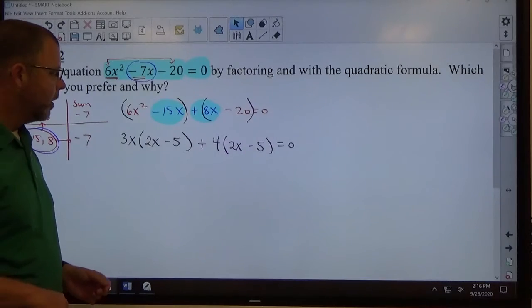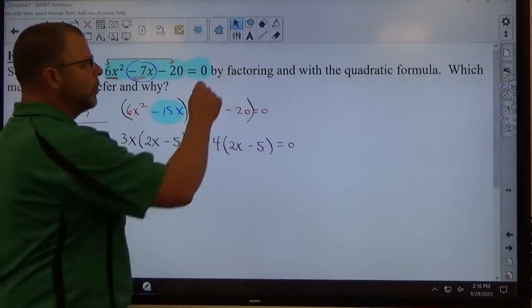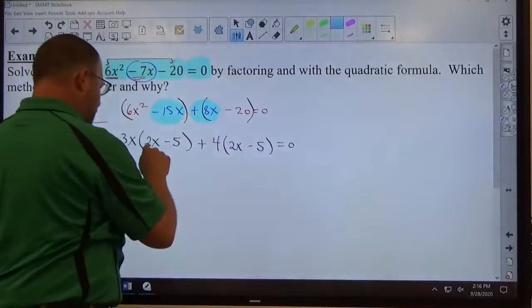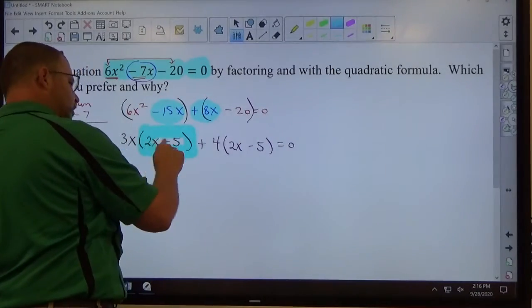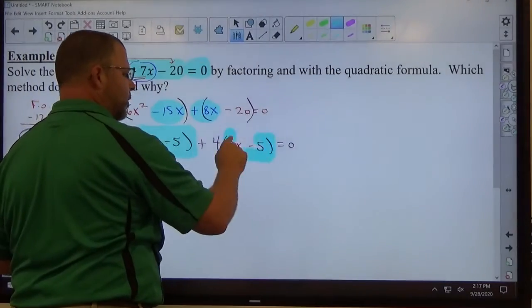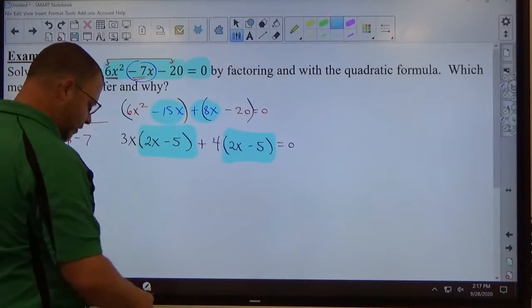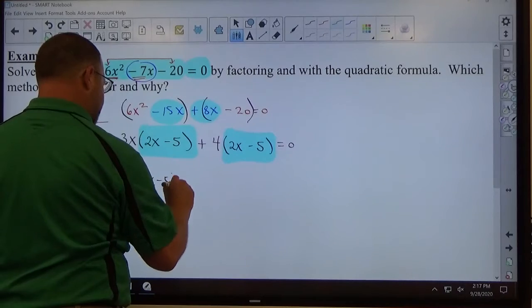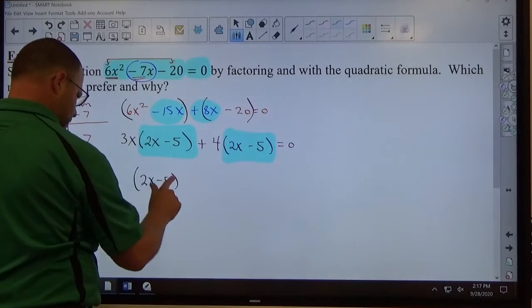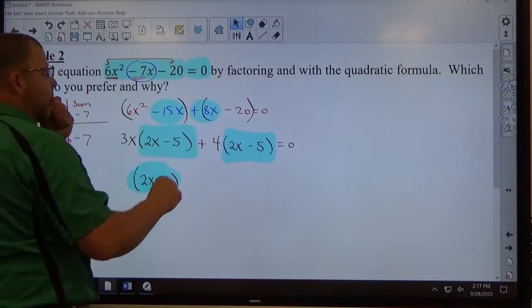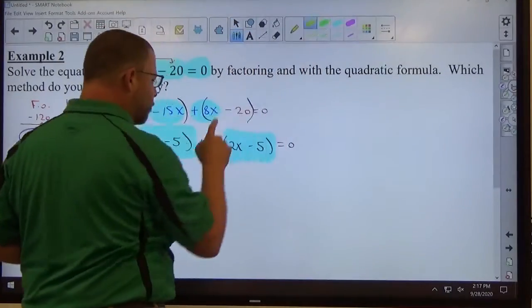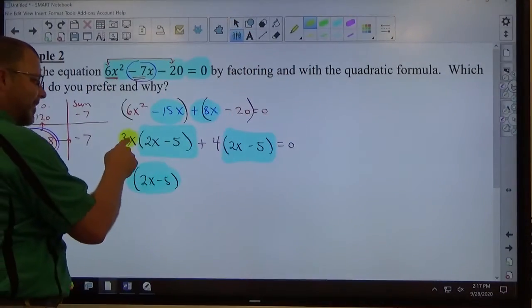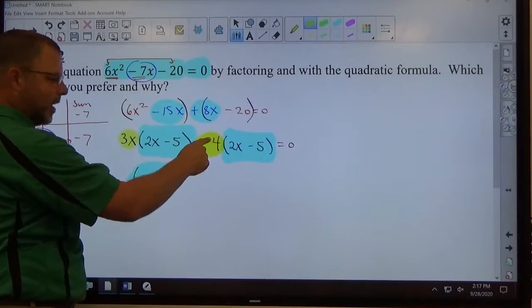All right? So when factoring by grouping works, what you should be looking at is this binomial expression should be exactly the same as this binomial expression. If it is, that's one of the factors. So one of my factors is going to be 2x minus 5. The other thing is if those are the same thing, then this and this make up the second factor.